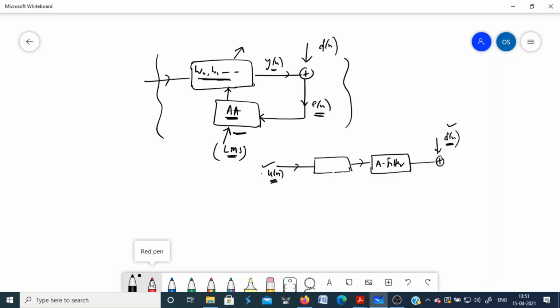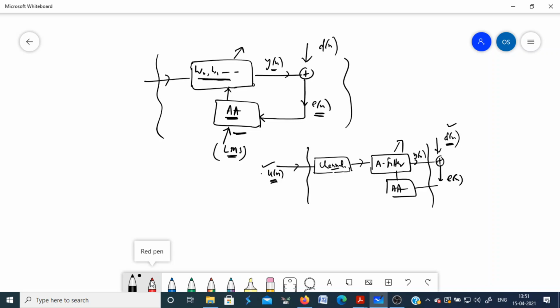And during the learning phase, or during this adaptation, when you generate some error sequence here by finding this difference, this is given to an adaptive algorithm which will update these filter weights. This is the adaptive equalizer. So it adapts its response according to the channel response.